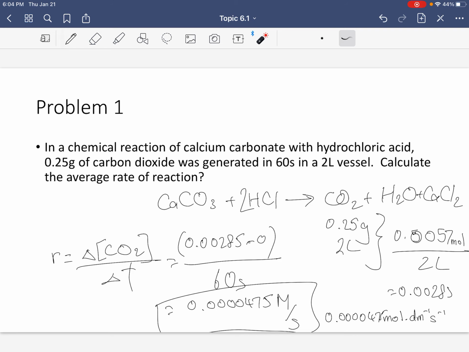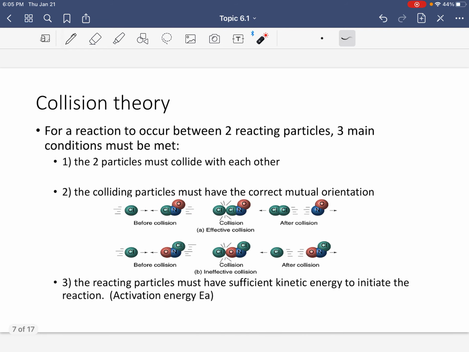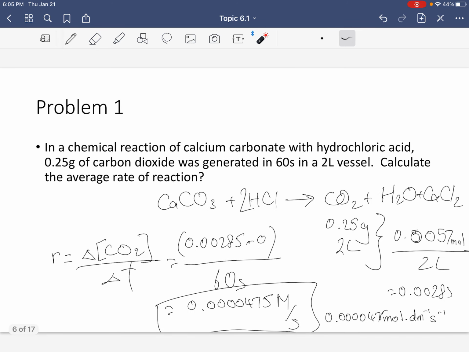So in the next class, we'll actually look at the collision theory. Okay, how when a reaction takes place, like for example for this one. Okay, what's really happening under a molecular level? Well, I can tell you right now that calcium carbonate and hydrochloric acid, they're gonna have to bang. Okay, they're gonna have to hit each other hard.